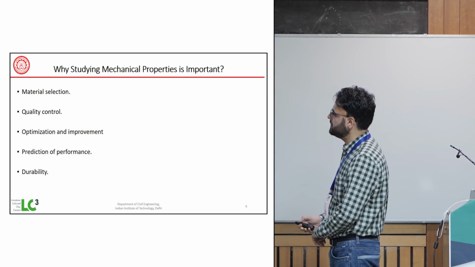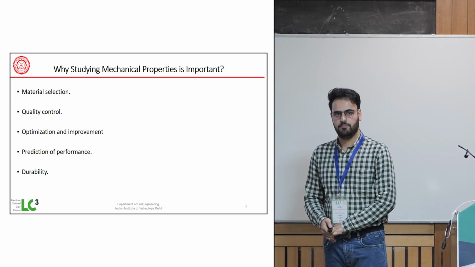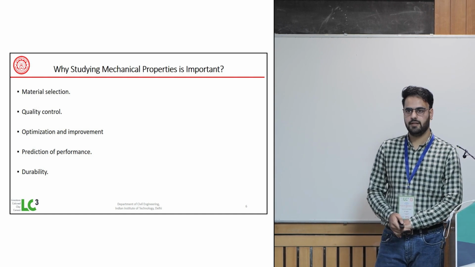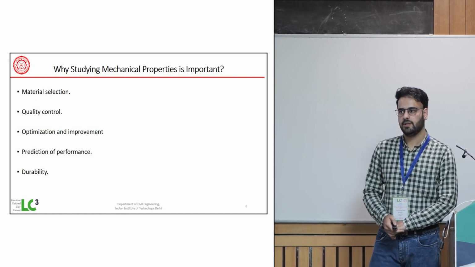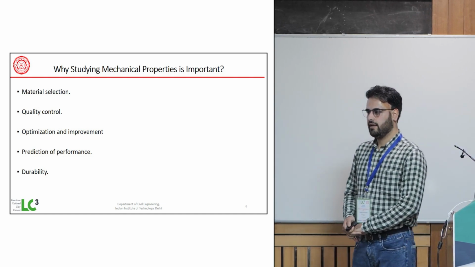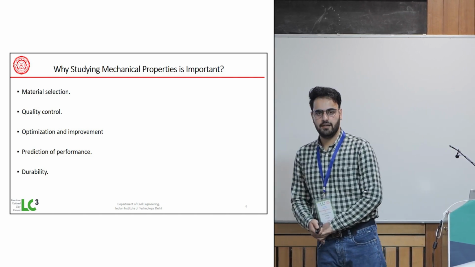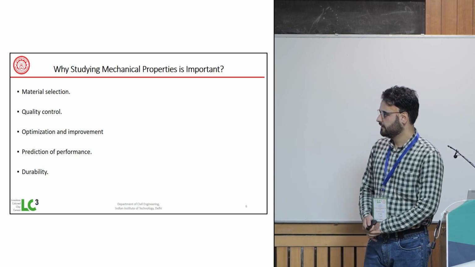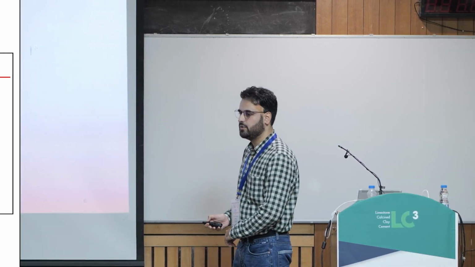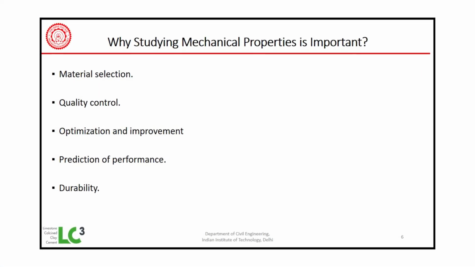Then we have the optimization and improvement. As we know, the mechanical properties depend on a lot of factors, for example, the water cement ratio, the type of cements, etc. So by playing around with all those parameters, the researchers can optimize and improve the mechanical behavior of the structures. Then we have the prediction of performance.